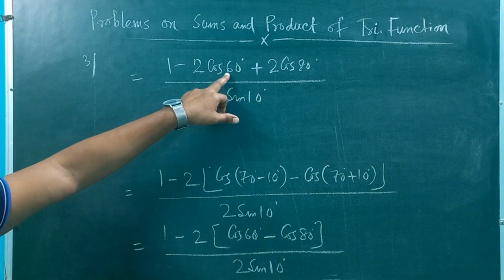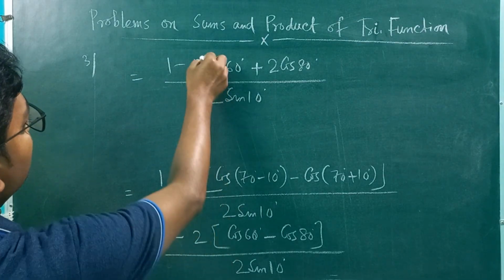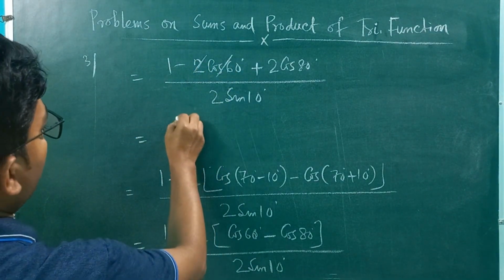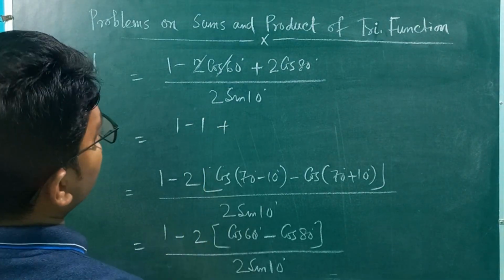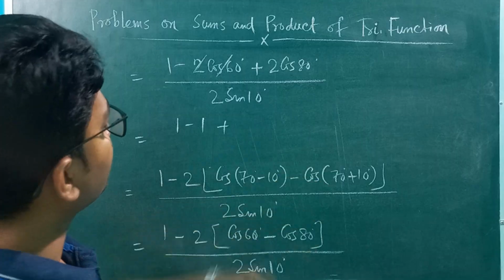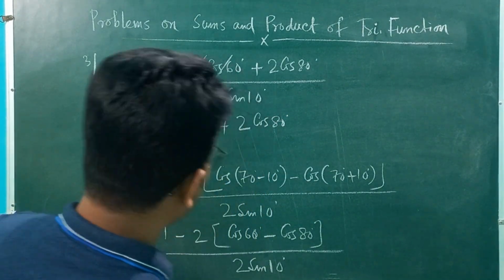Now see, cos 60 means half. So this one will also cancel. That is 1 minus 1 plus. Now this one cos 80, this one cos 80.